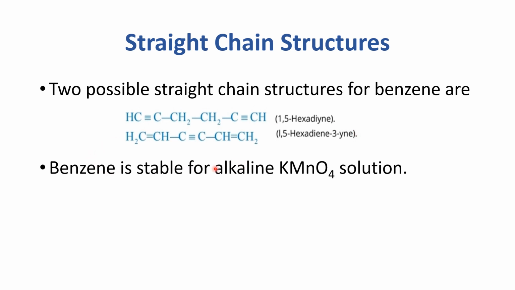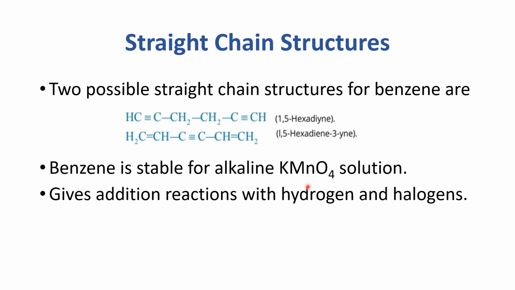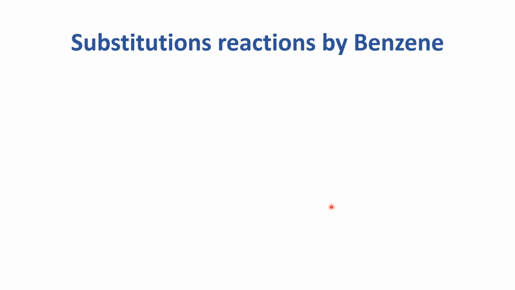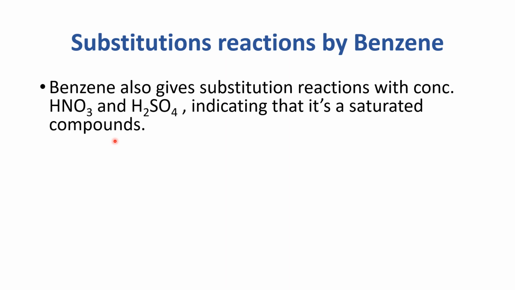But benzene is stable towards alkaline KMnO4 solution, and gives addition reactions with hydrogen and halogens only reluctantly. अगर benzene एक unsaturated compound है तो इसको substitution reactions reluctantly show करने चाहिए, but benzene also gives substitution reactions with concentrated HNO3 and H2SO4, indicating it's a saturated compound.